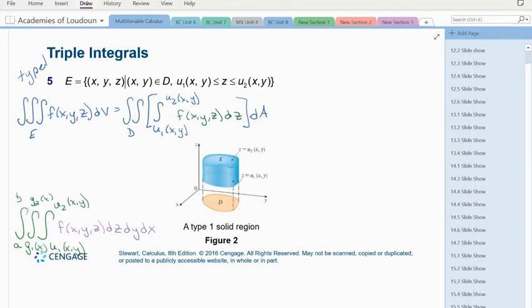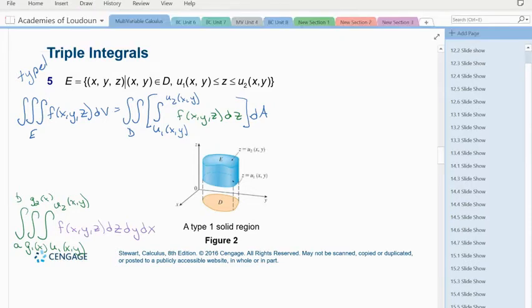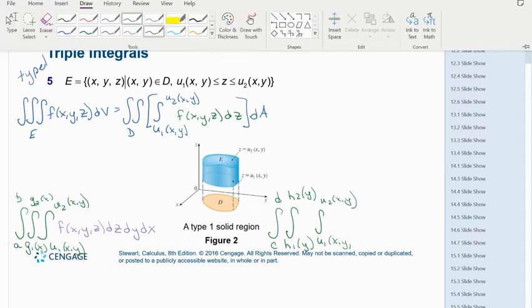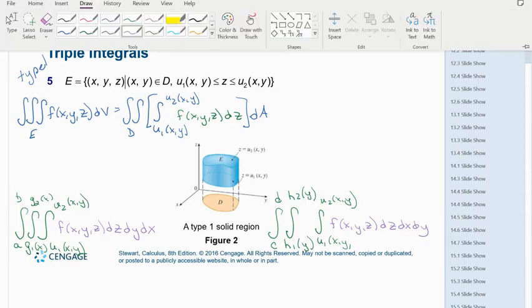If we were to have our region D as a type 2 plane region from our study of double integrals, then our integral would be from c to d, h1 of y to h2 of y, and again u1 of x,y to u2 of x,y, f of x, y, z, integrate with respect to z, then x, and then y.